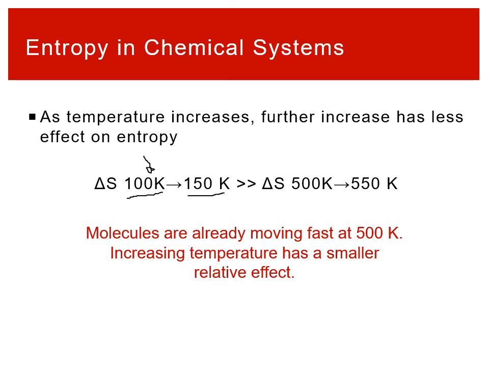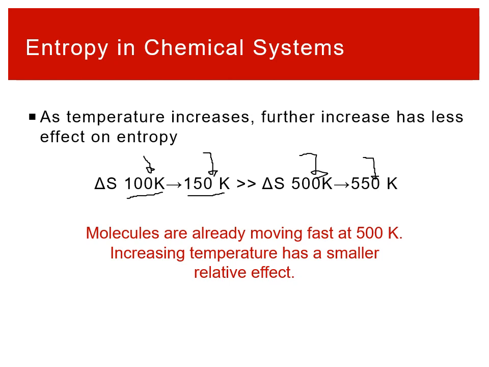Molecules barely moving, molecules moving. Whereas at 500 Kelvin, molecules are moving real fast. So there's already really low predictability. Making the molecules move even faster doesn't really decrease the predictability. So increasing the temperature, say 50 Kelvin or 50 degrees Celsius, doesn't always have the same effect on the change in entropy. Instead, it's a proportional difference.